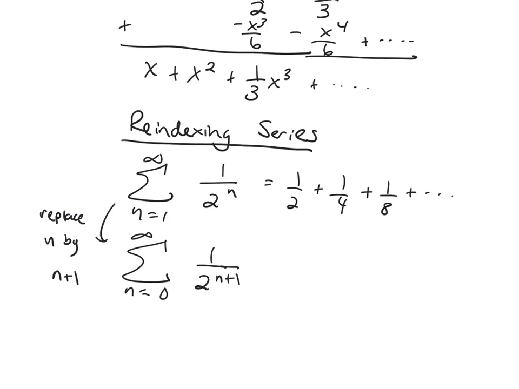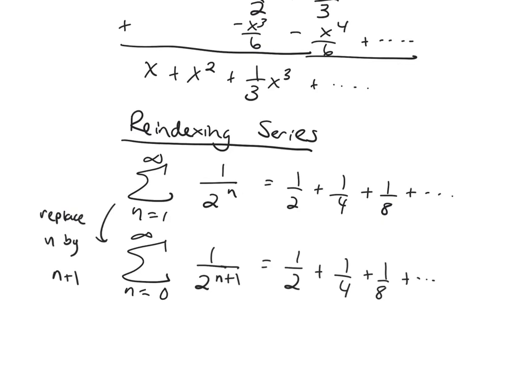Whenever I'm reindexing, whenever I'm relabeling my indices, I always double check. I plug in the numbers and make sure that it starts at the same place that the original one did. So if I plug in 0, I get 1/2. Plug in 1, I get 1/4, 1/8, and so forth. So these two series are equal.